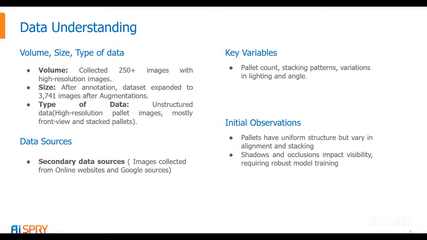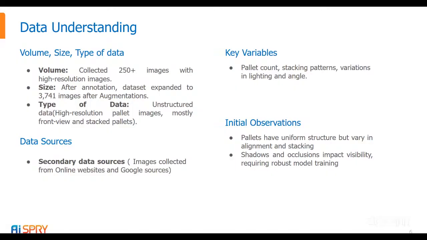The key variables include the pallet count, stacking patterns, and changes in lighting and camera angles. During initial analysis, we observed that although pallets have a consistent structure, they differ in alignment and stacking position. Additionally, shadows and blocked views made detection more challenging, which required strong and careful model building.